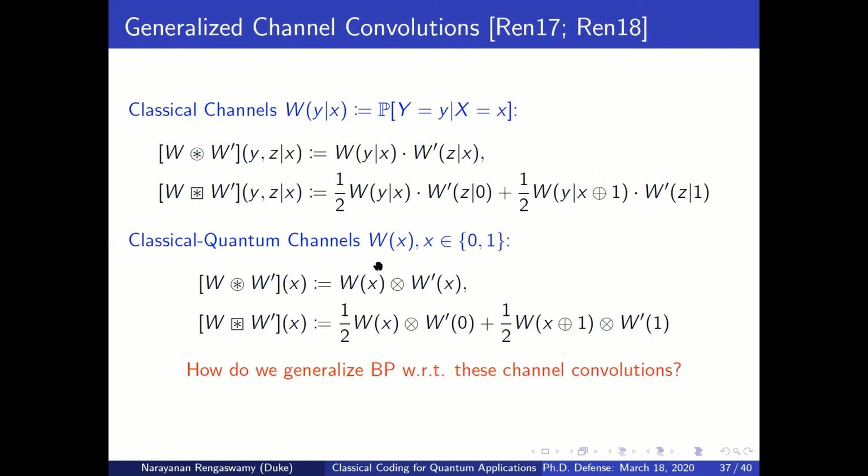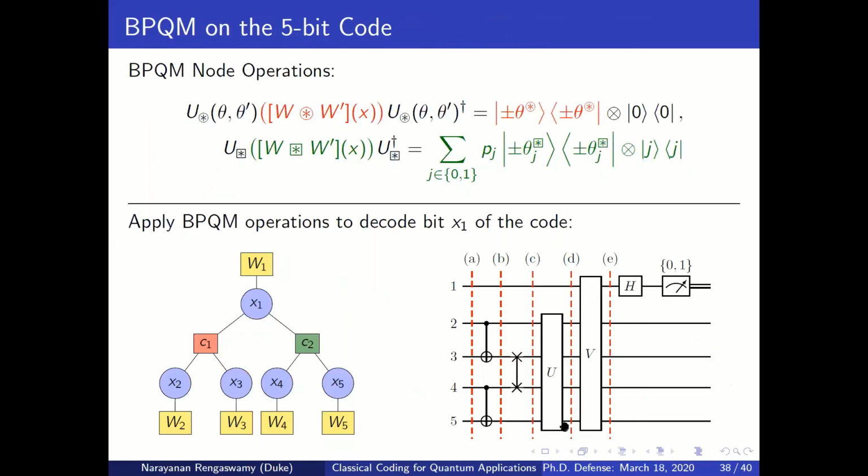He defines operations you can do on these channel convolutions, and that's this picture. For example, you receive qubits from the channel, and at a check node, we already know that the induced channel we defined before is given by this W box star W prime. That's what gets induced at this node and this node. And Renes says that you can do this U star, which is just a CNOT. If you do that on these qubits, then the resulting state is a classical-quantum state.